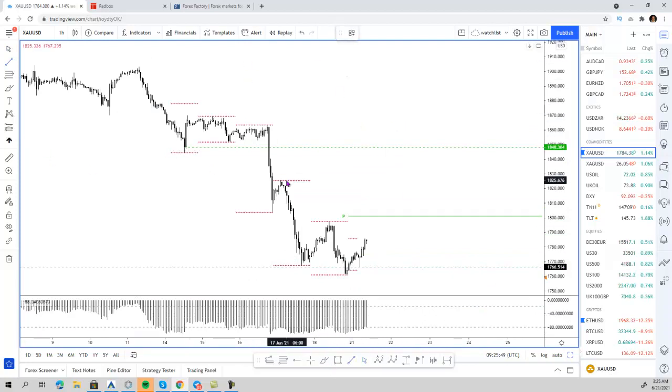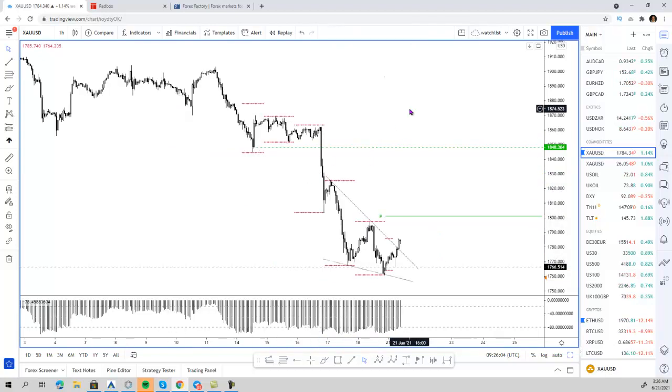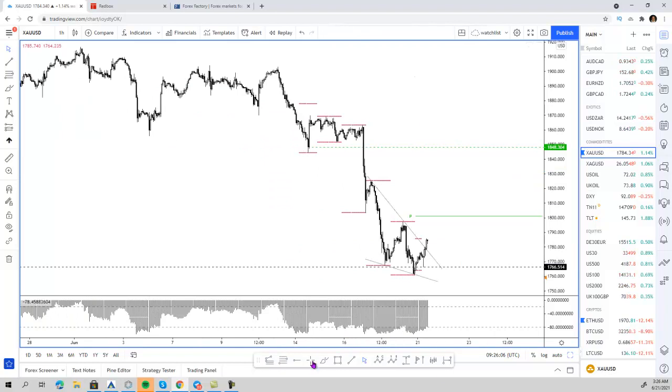pattern has just broken, right? Now, if we look at what's going on here, this looks like a falling wedge at the bottom of the move, where we have hit some interesting Fibonacci targets.